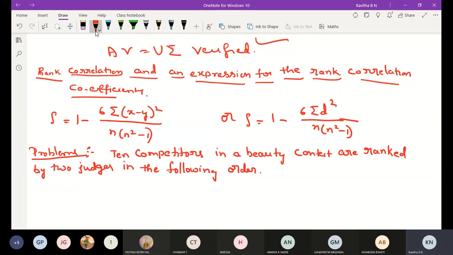Compute the coefficient of rank correlation.